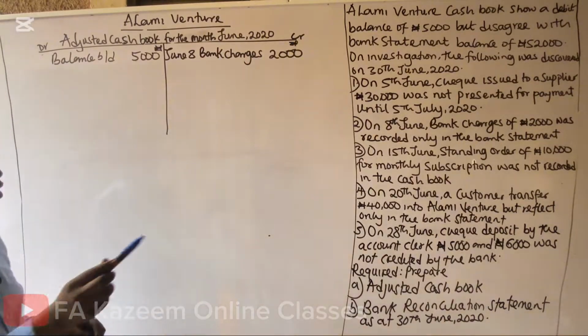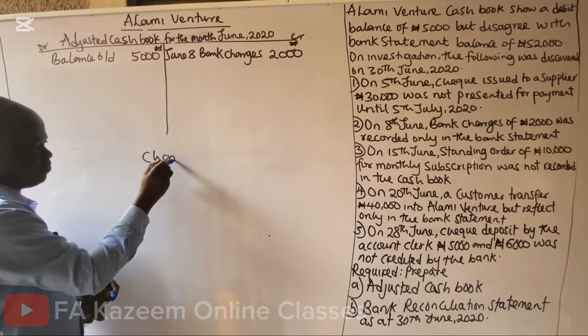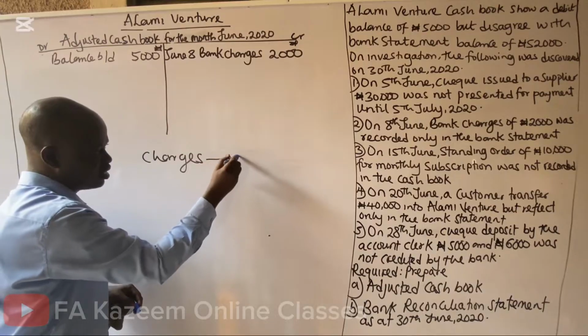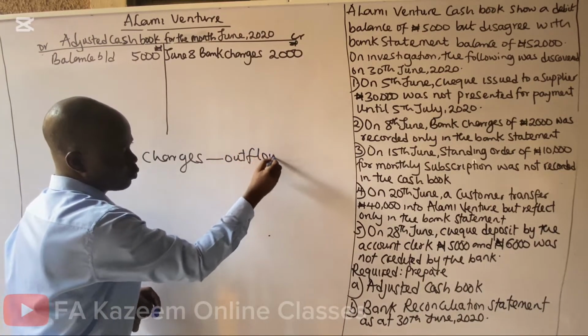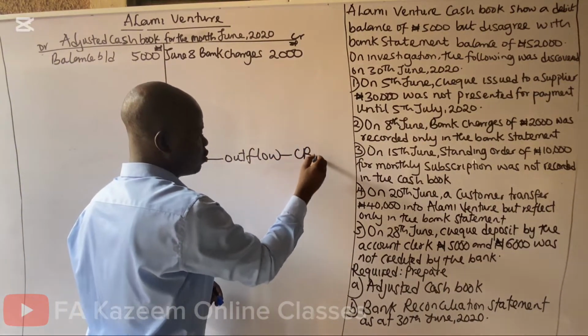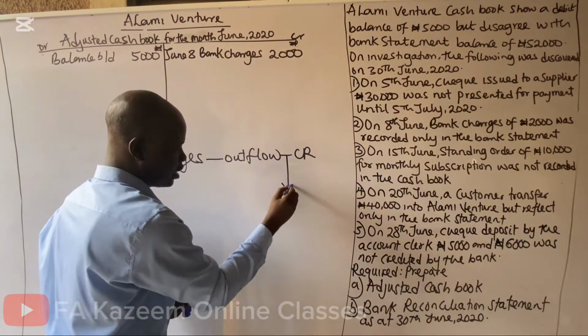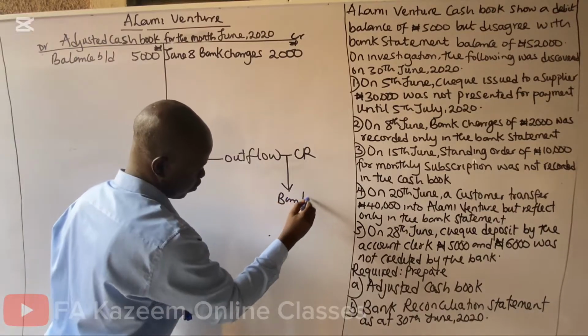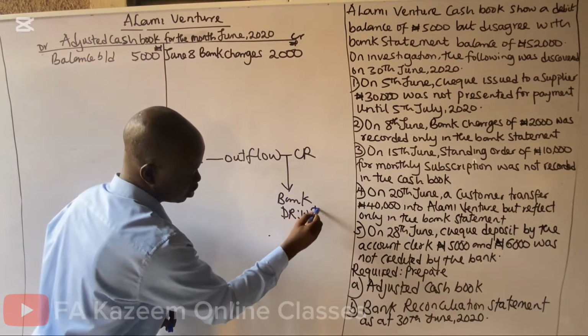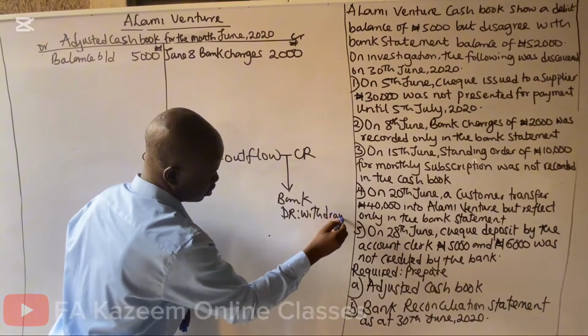That is another thing. Once a customer pays for charges, paying charges means outflow. Outflow means the customer is to put it on credit, while the bank is to put it on debit as withdrawal. Money is going out.